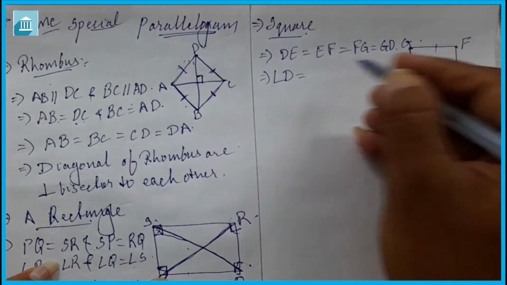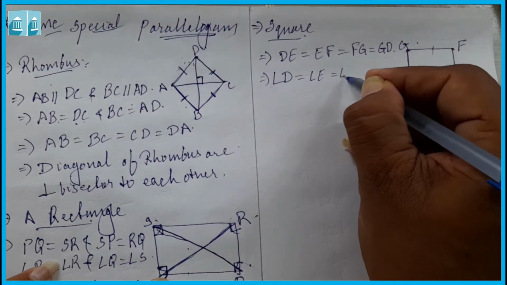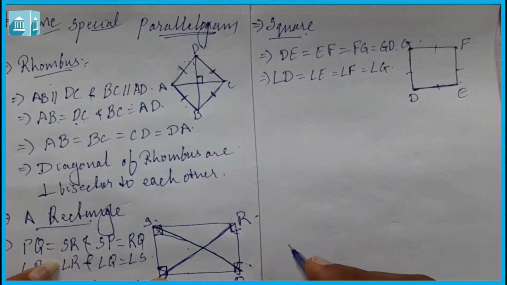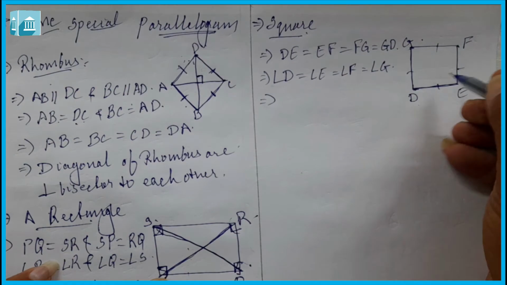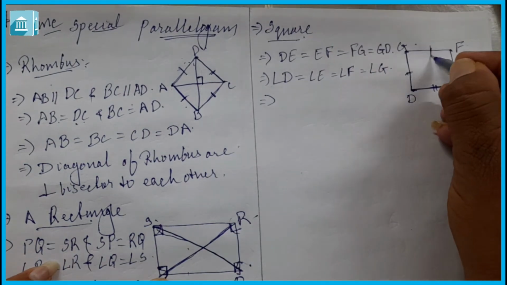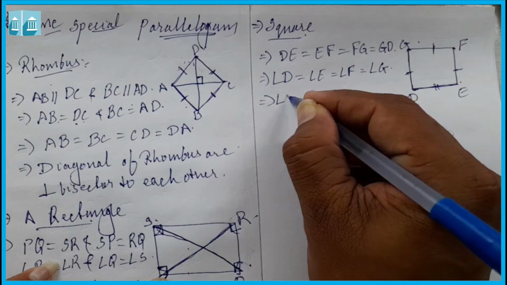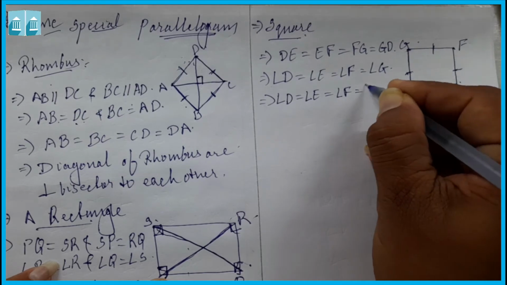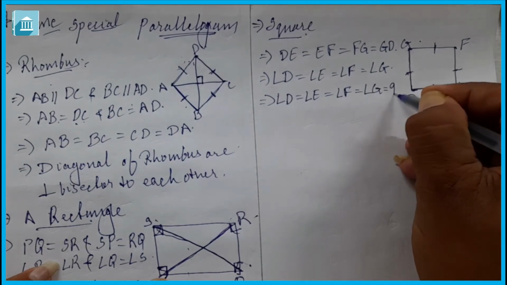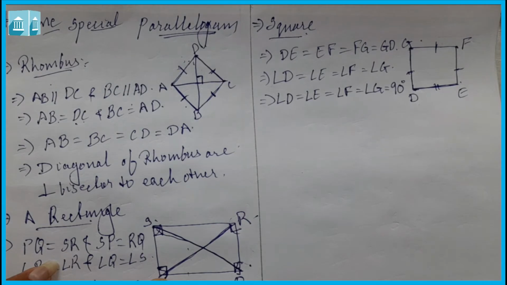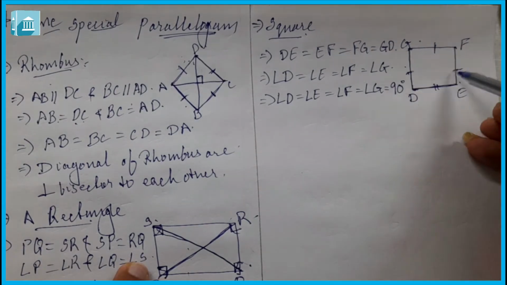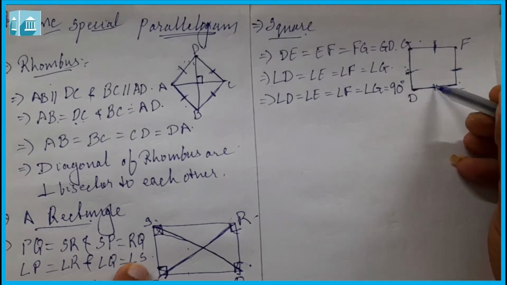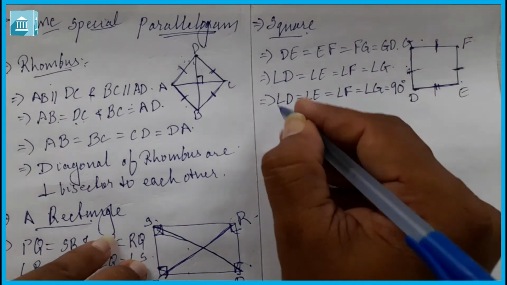Angle D is equal to angle E is equal to angle F is equal to angle G, which is 90 degrees. So it is a parallelogram whose all sides are equal and all angles are equal, that is 90 degrees.